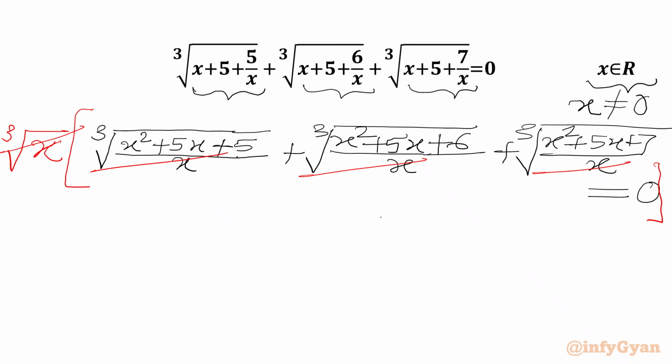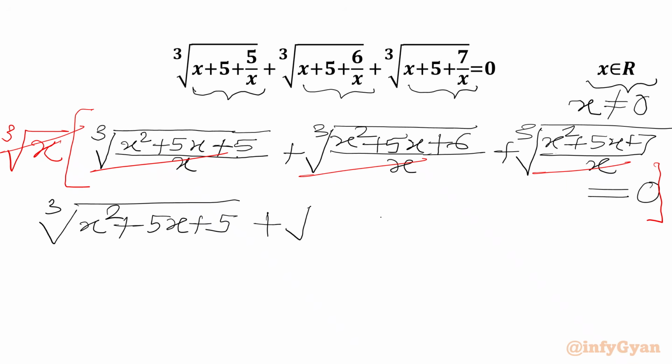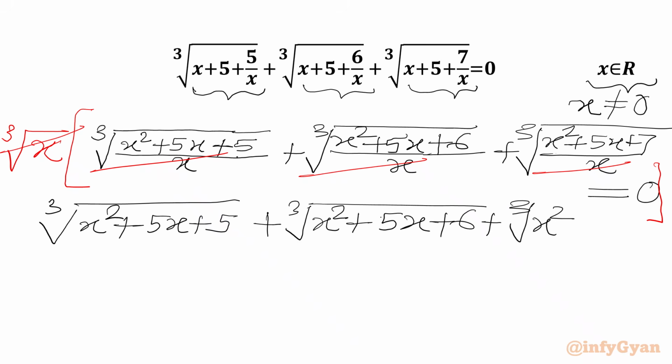So we will write our equation: cube root of x square plus 5x plus 5, plus cube root of x square plus 5x plus 6, plus cube root of x square plus 5x plus 7, equal to 0.